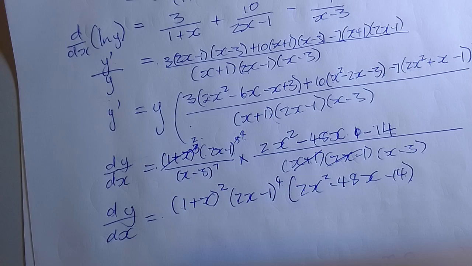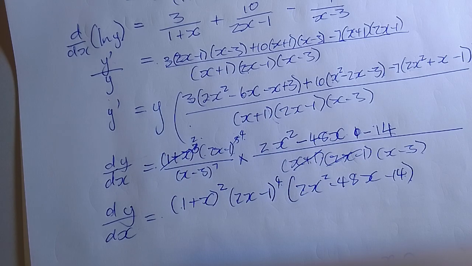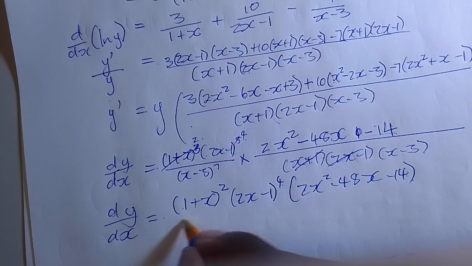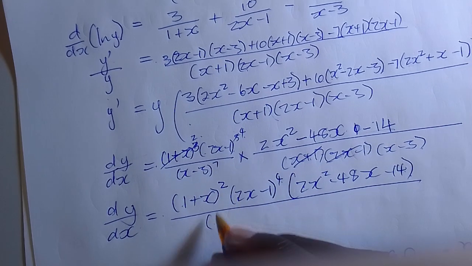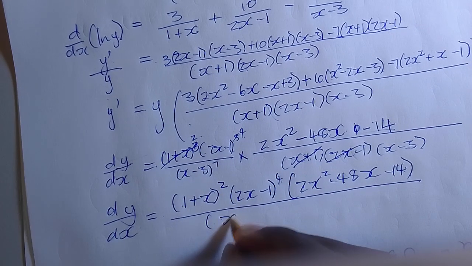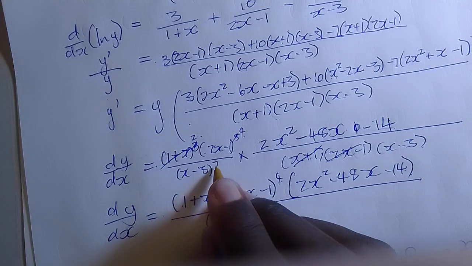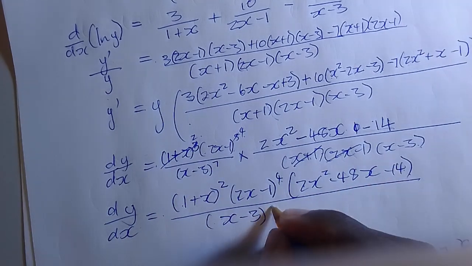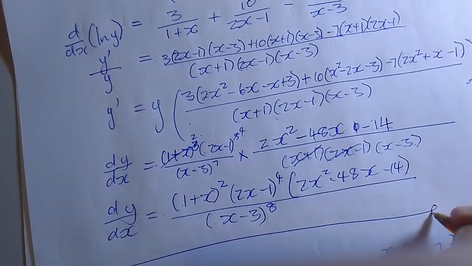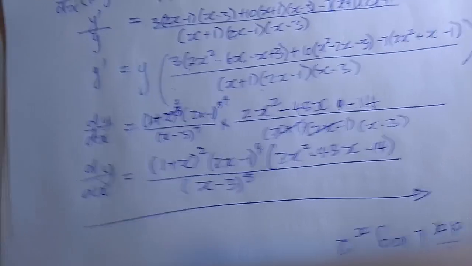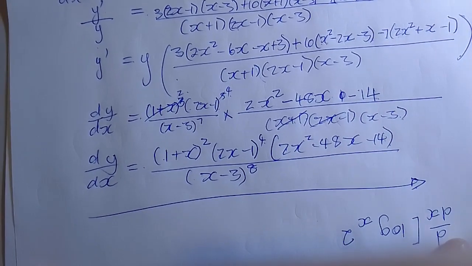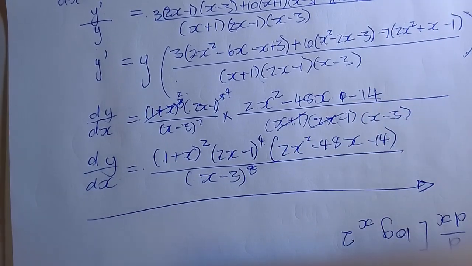Probably factorizable, but maybe not. And then we have x minus 3. Here the exponent will add, so it'll be 8. You can further on try to simplify this, but I think this is as far as necessary right now.